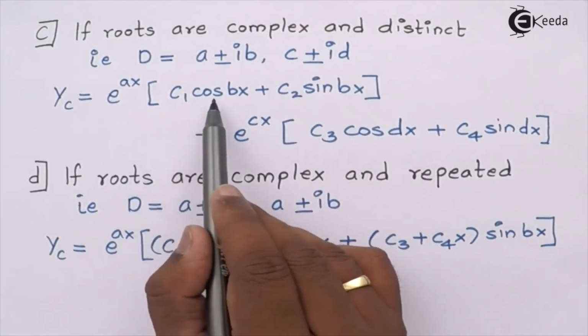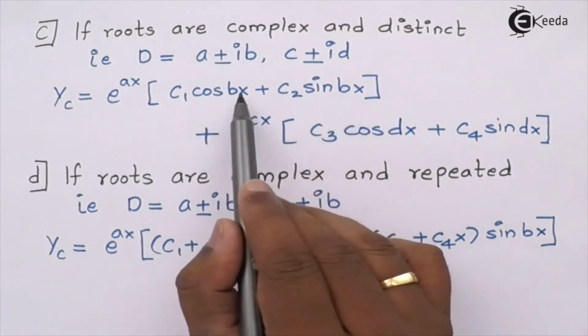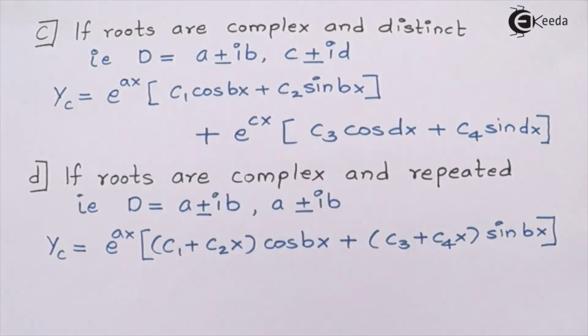With c1 we have the cos term, with c2 we have the sin term, and with that we have b. So b is the imaginary part. What you have to remember is that the real part of the complex number will be outside the bracket as a power of e, and the imaginary part will go inside the bracket as the angle of cos and sin. So that is the solution.